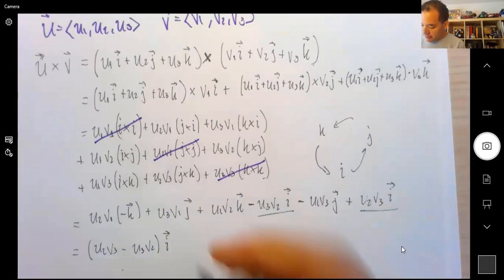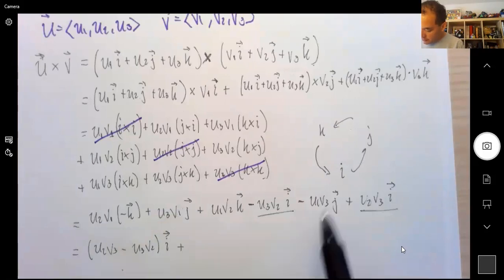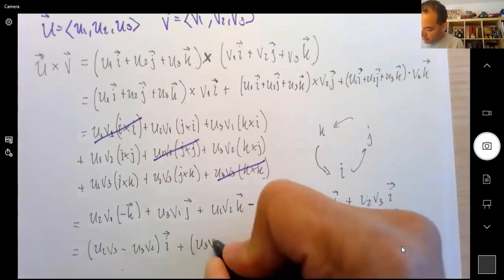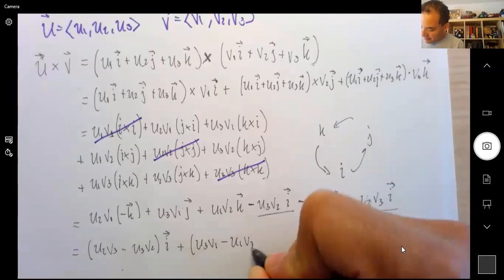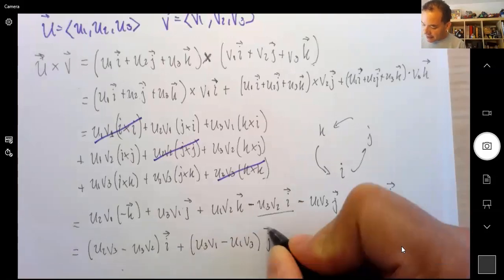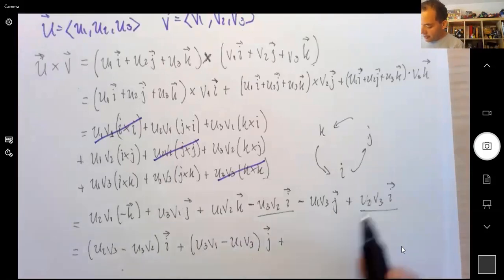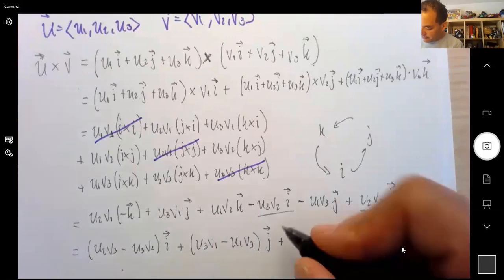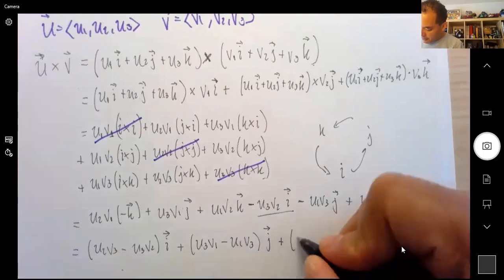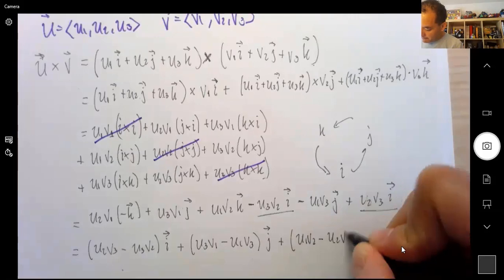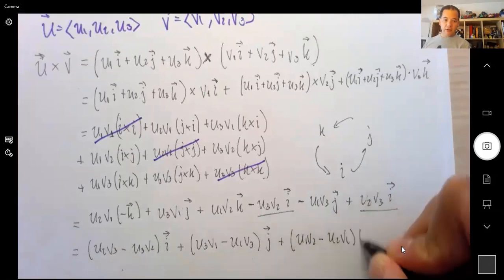Then what about the J's? The J's, we have this one and that one, and these are U3 V1 minus U1 V3. Notice how the symmetry feels kind of nice, right? So it's the index of the U3 and V1, and then you change to U1 V3. And then for the K, we have U1 V2 minus U2 V1. Okay. All right.